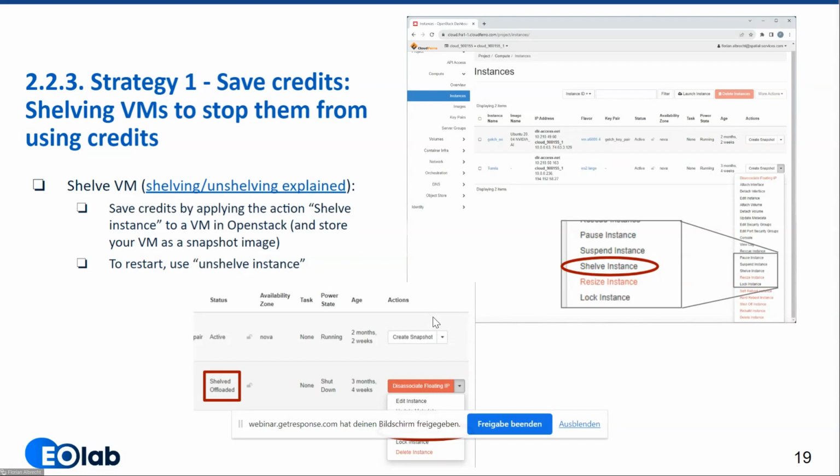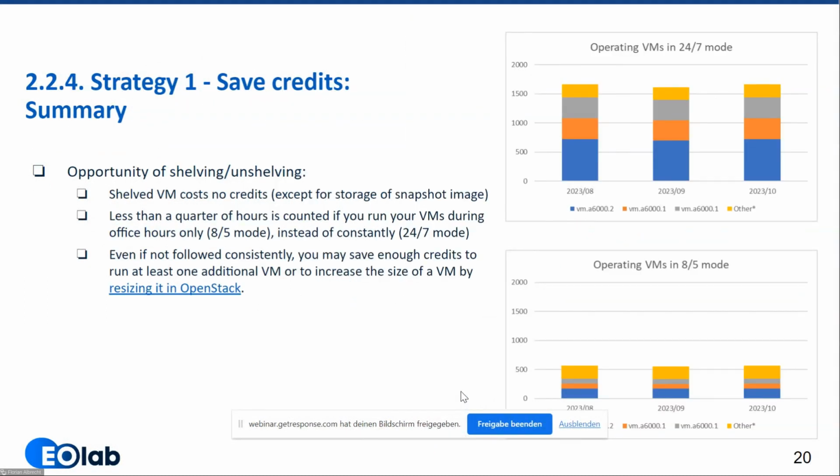And this can be done with the command unshelve, which you pick from the drop-down menu for a shelved virtual machine. So what's the opportunity of that? Shelving virtual machines doesn't cost credits afterward. So a virtual machine that is shelved doesn't cost any credits.